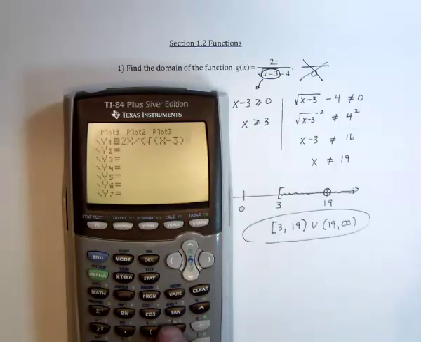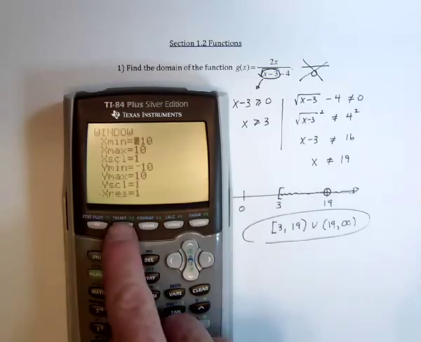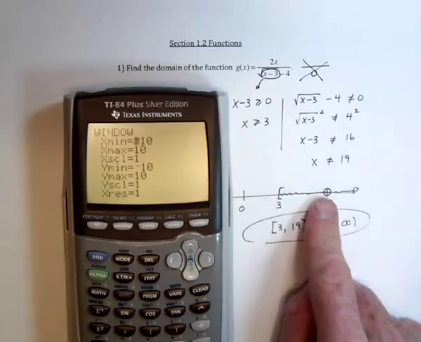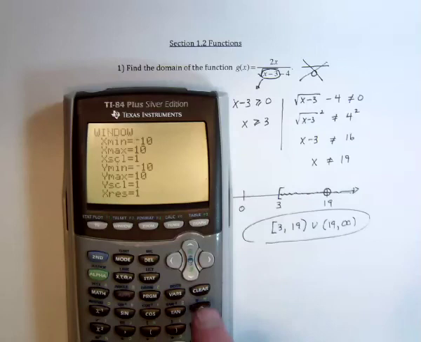Now stop the square root and then subtract 4, and then one more parenthesis for the denominator. Usually I would say that the window should be set to go from negative 10 to 10 for x and y, but as we saw over here, x out here at 19 is part of what we need to look at, so we need this to go, let's say, at least 19, or perhaps 20.